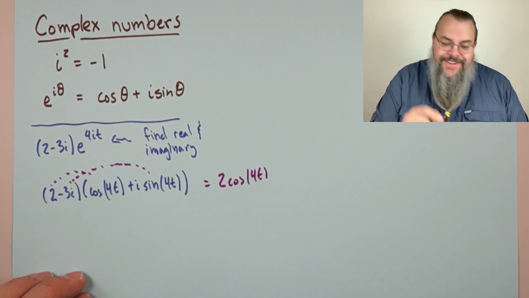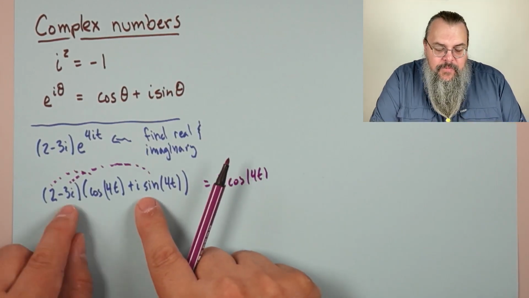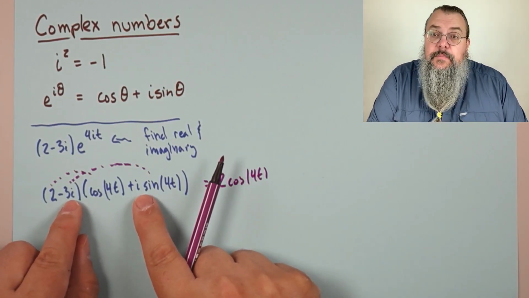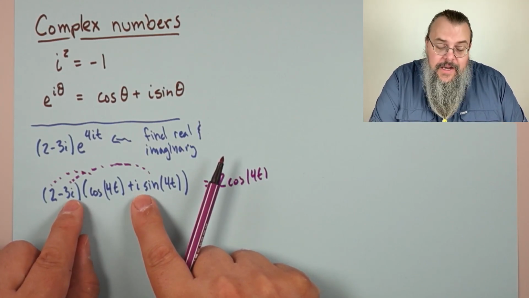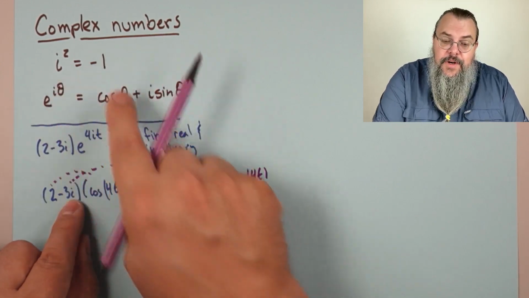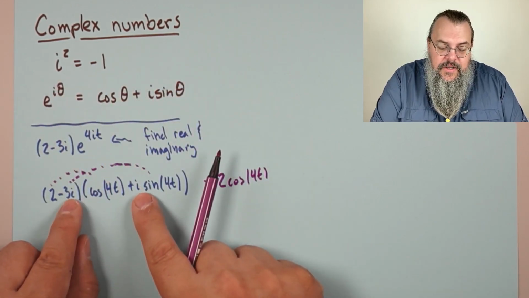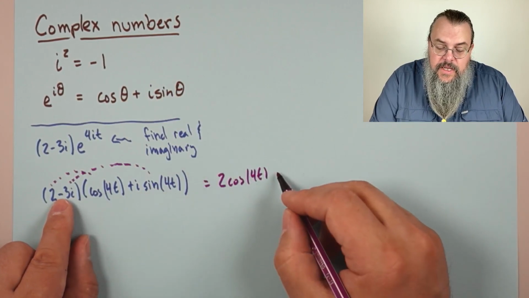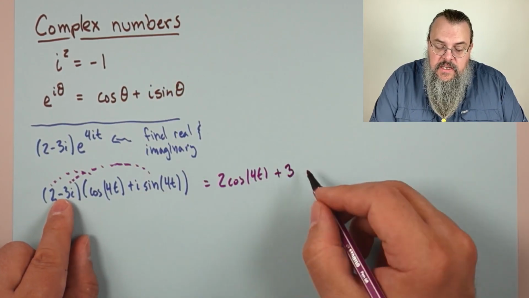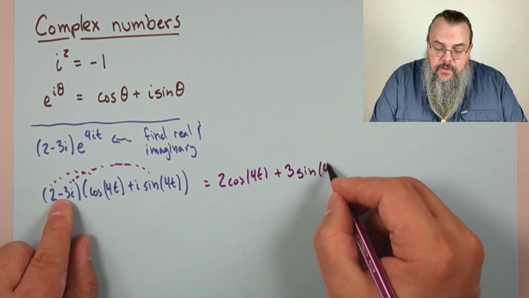That's okay. Why that? Because when I do just the imaginary parts, I'll have an i squared. i times i becomes -1. So we have i squared, that's -1, times -3. So 2 negatives make it a +3 sine of 4t.